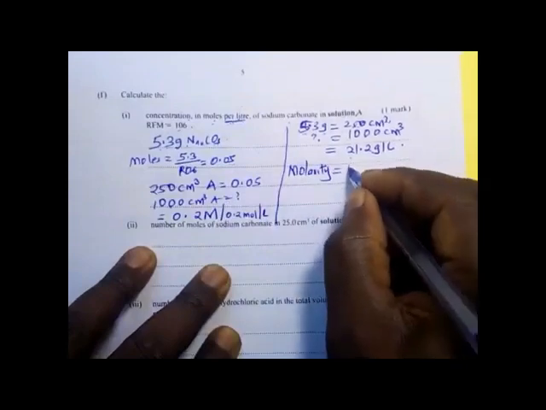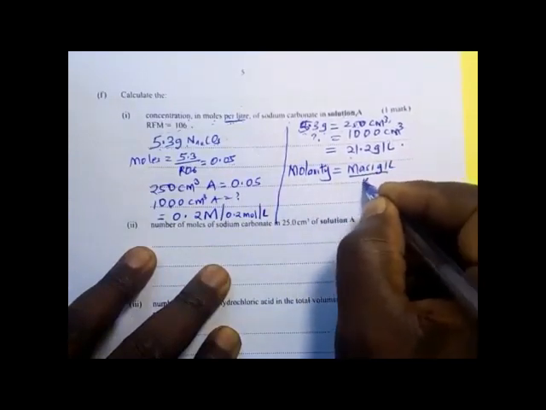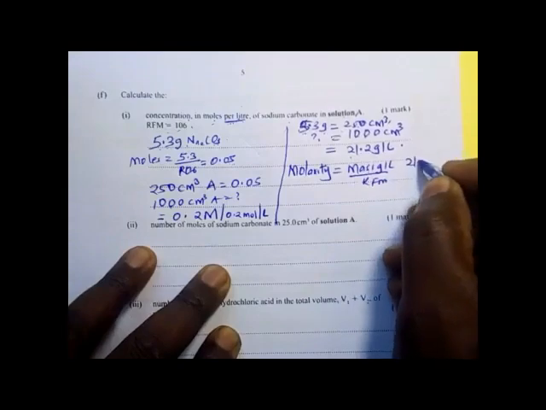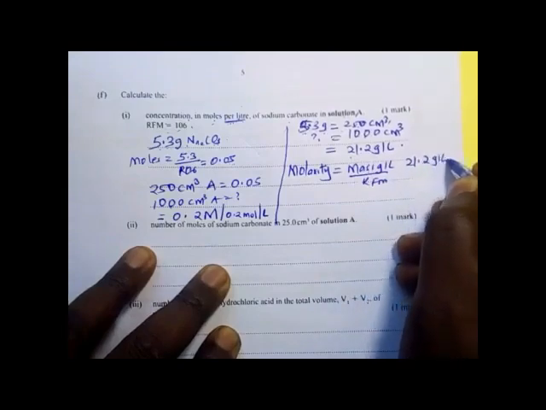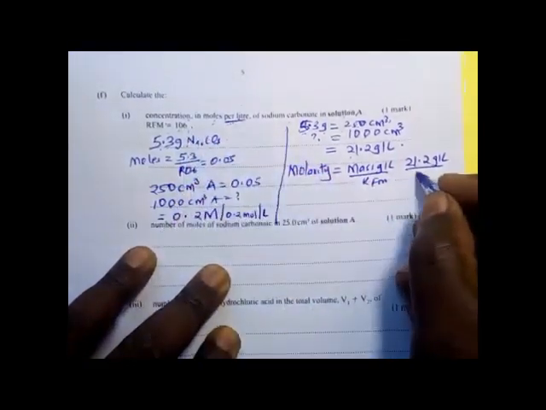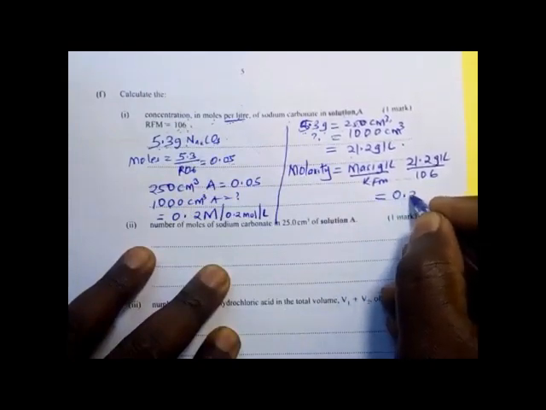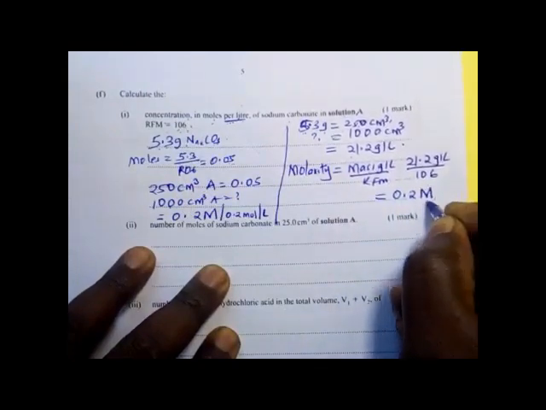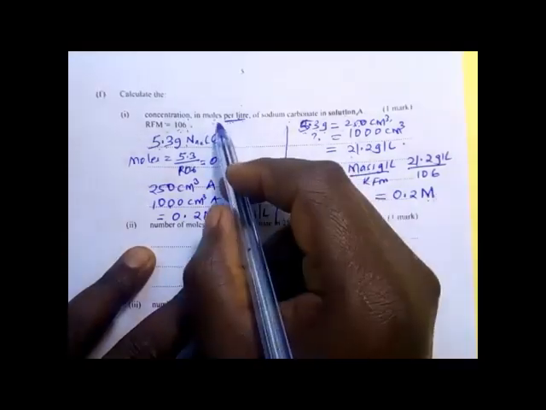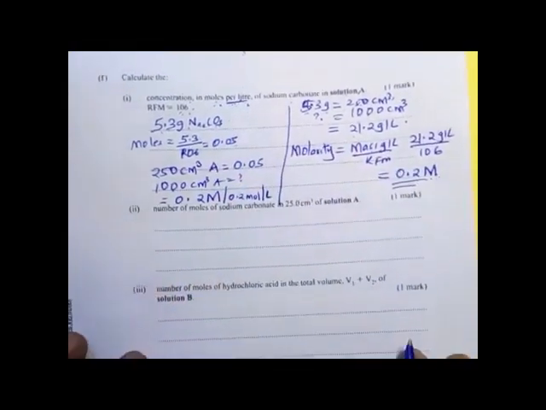Molarity equals mass in grams per liter divided by RFM. We have 21.2 grams per liter, and then RFM, 106, so 21.2 divided by 106 gives you 0.2 capital M. Capital M stands for molarity, moles in 1 liter. Thank you.